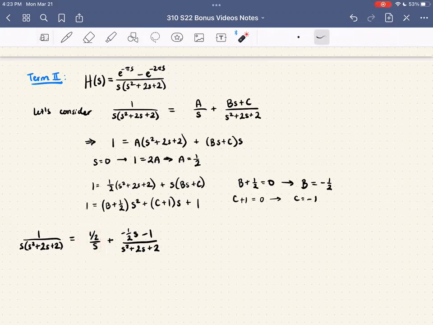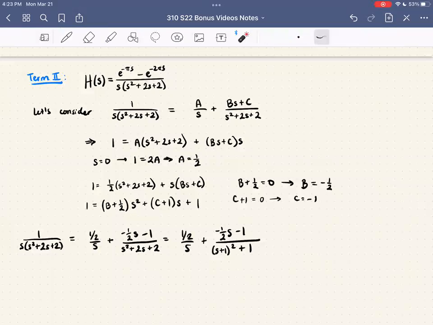This term already looks like something like a Laplace transform. We know that the inverse Laplace transform of 1 over s is 1. So this term is fine, but this one's giving us a little trouble. So let's leave the first part alone, and we'll write out the version where we completed the square on the second term. So we said this was s plus 1 squared plus 1.